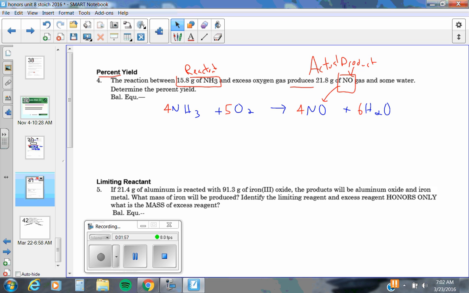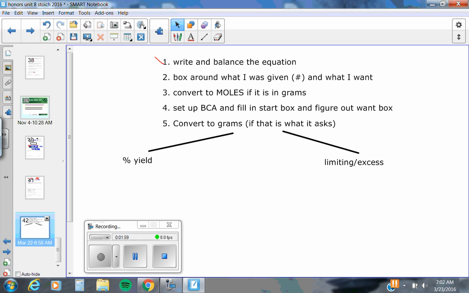So it's in grams. The steps would tell me to box around what I was given and what I want. I think I already did that. And the next thing I have to do is convert to moles if it's in grams.